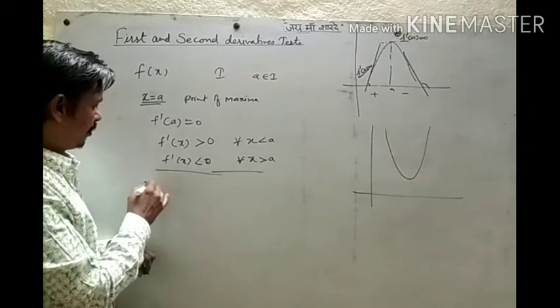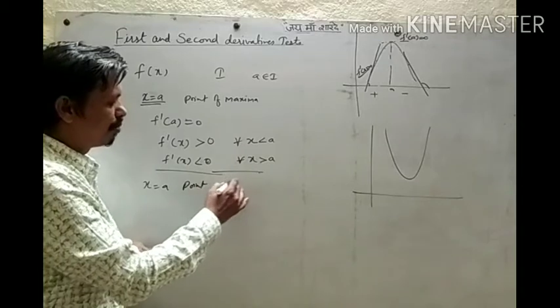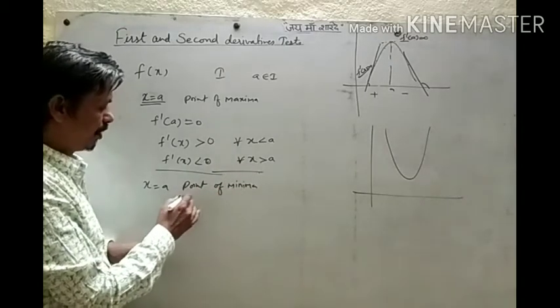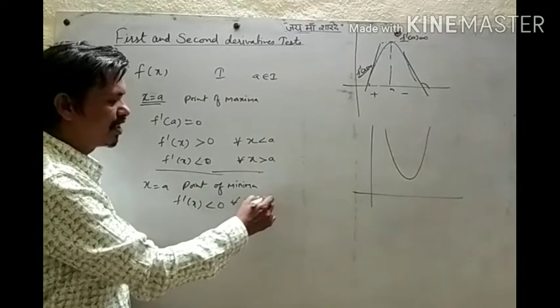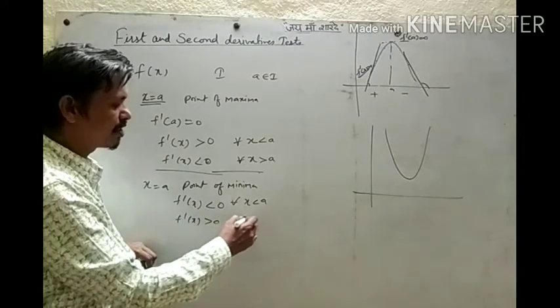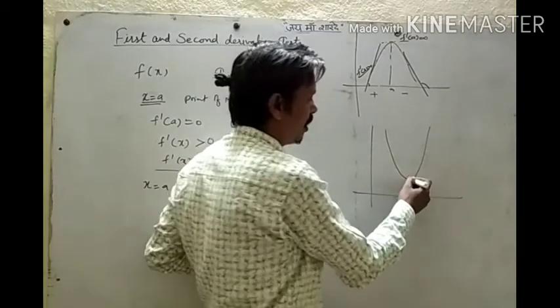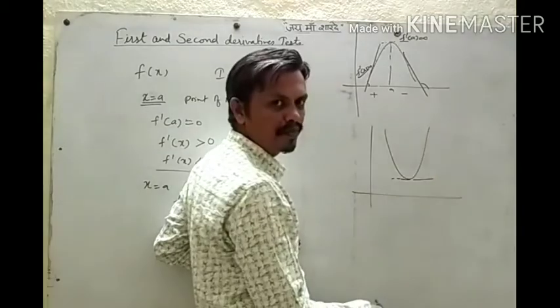And at x equal to a, the point is called a point of minima if f dash of x is less than 0 for all x less than a, and f dash of x is more than 0 for all x more than a. If we see this graph again, at this point a, f dash of a is 0.